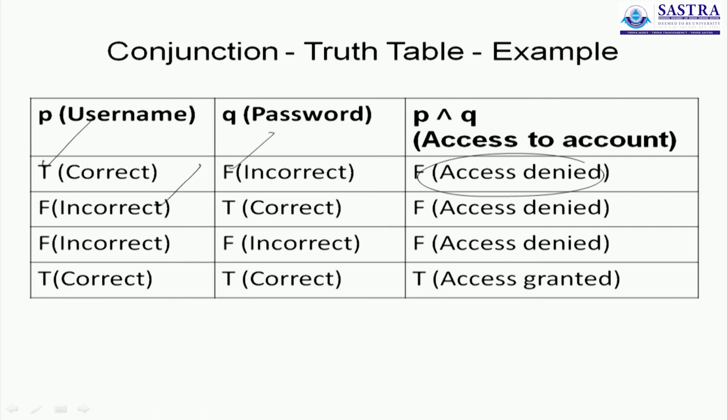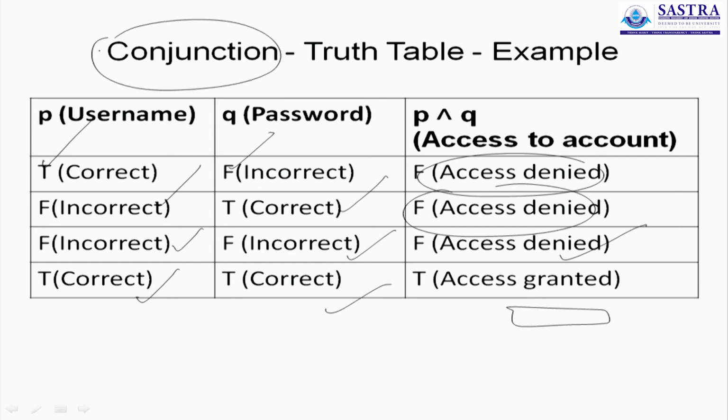The username is entered incorrectly but password is entered correctly, you still don't get access. If both of them are wrong, you still don't get access. Only when both of them are right, there is access. So that works using a conjunction as a connective.